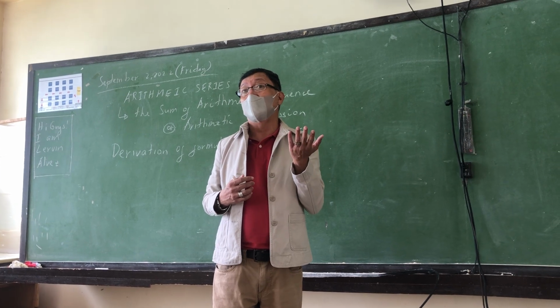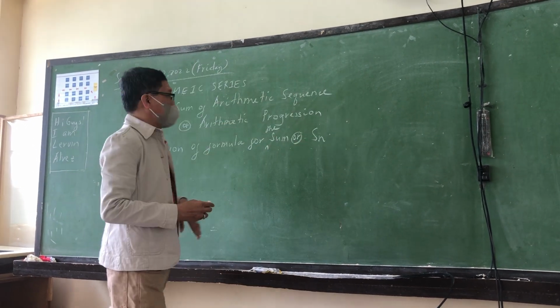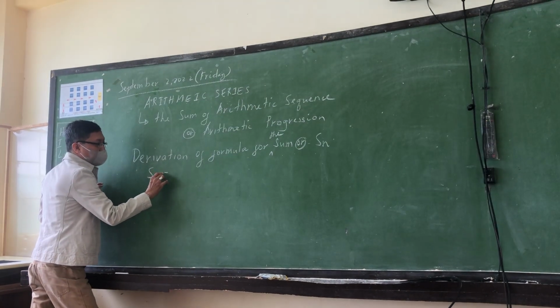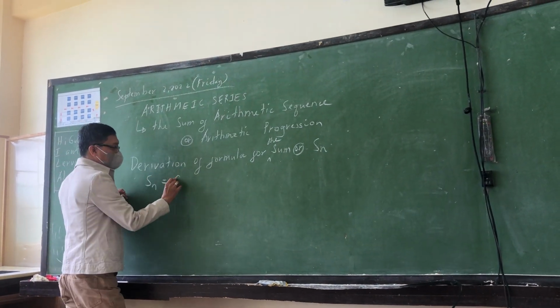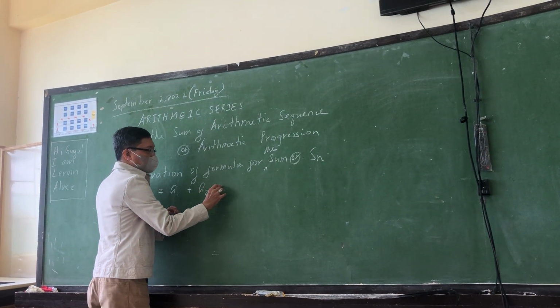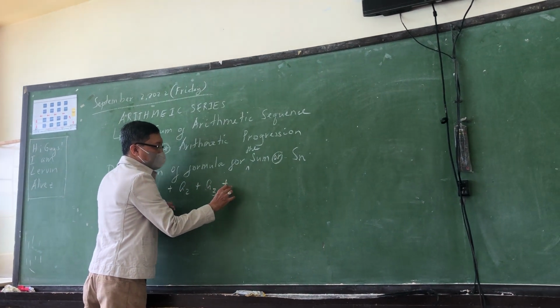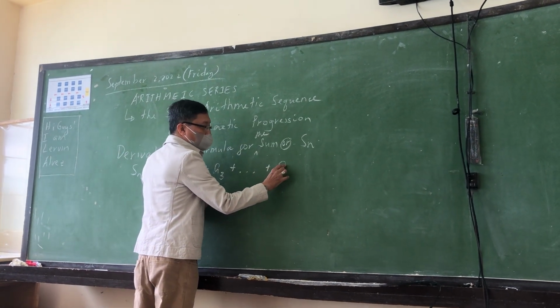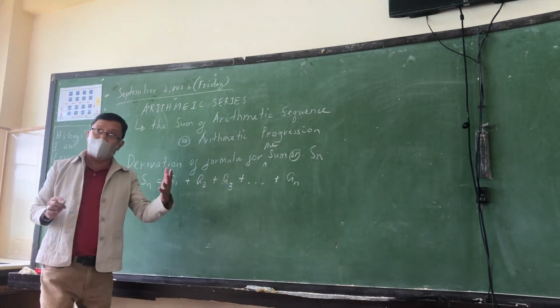We are going to use S sub n as an abbreviation. So we will have S sub n is equal to A sub 1 plus A sub 2 plus A sub 3 plus ellipses plus the last term, or the nth term, which is A sub n.